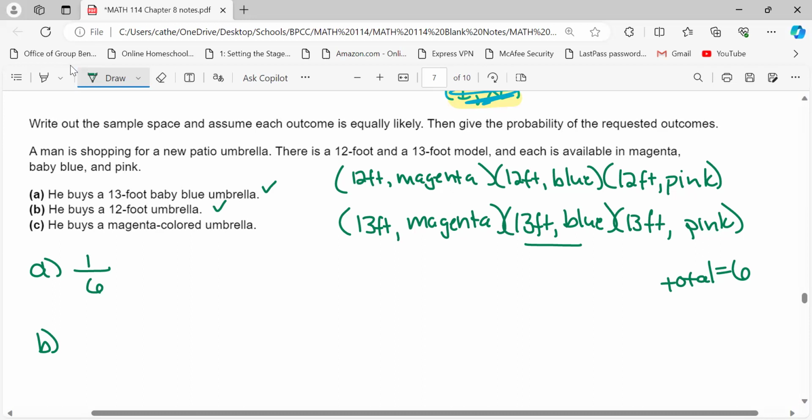Okay, so there's 3 12-foot umbrellas out of 6. And that fraction reduces to 1/2. What's the probability he buys a magenta colored umbrella? So we have 2 that are magenta out of 6, and that reduces to 1/3.